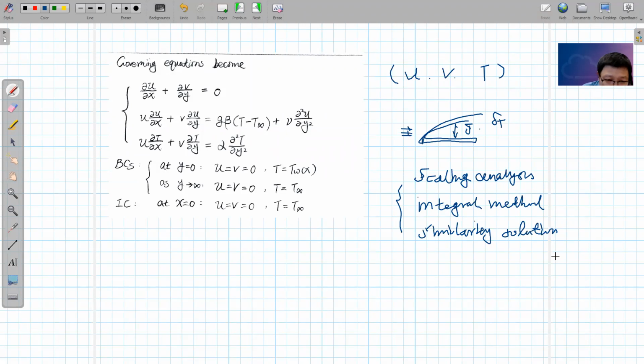They have a similar profile, and then after we assume similarity, we can assume some similarity variable, and by substituting those similarity variables into these three equations, we can combine all three equations into an ordinary differential equation, for which we can obtain the exact solution. So we will go through them one by one here.